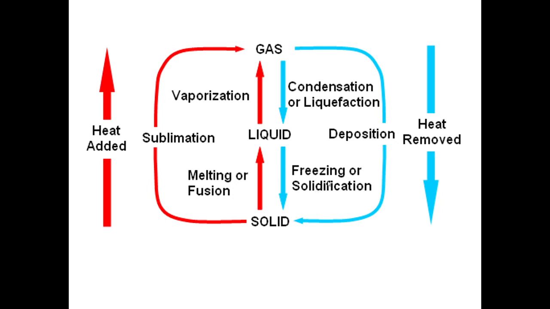If you notice on this chart, you've got deposition and sublimation. In certain situations, solids will go straight into a gas and skip the liquid phase entirely, or go straight from a gas to a solid. That's called sublimation, going from a solid to a gas, and deposition, going from a gas to a solid.